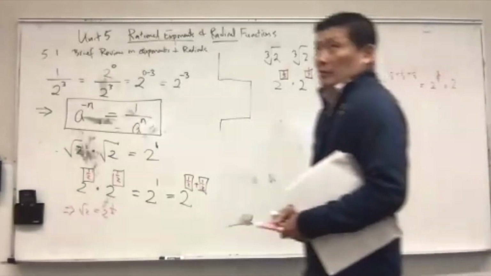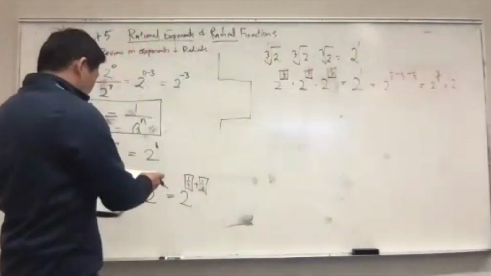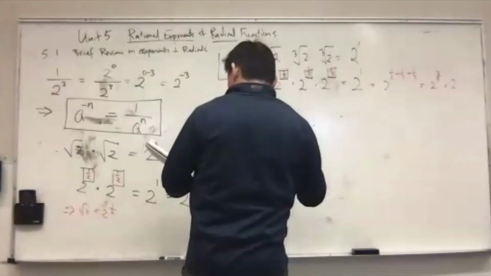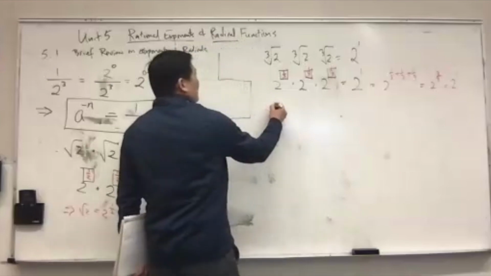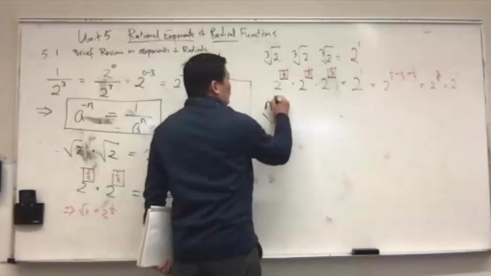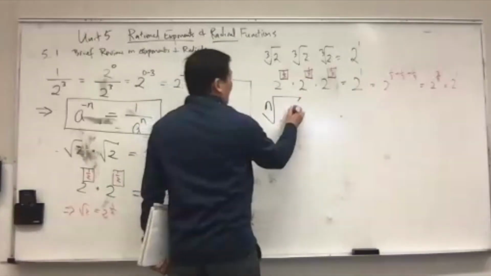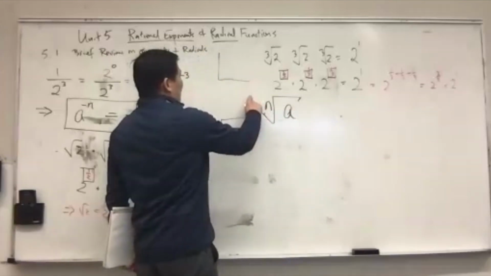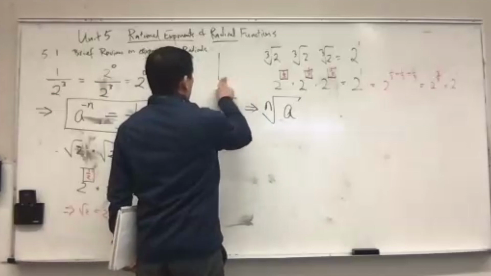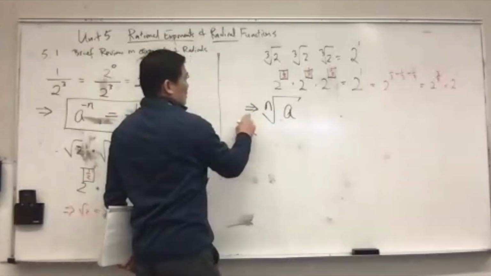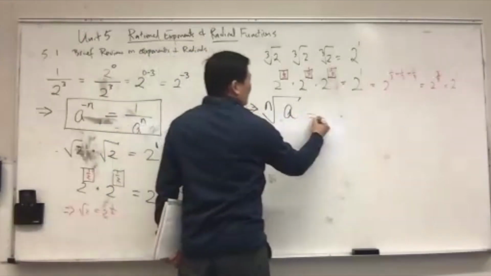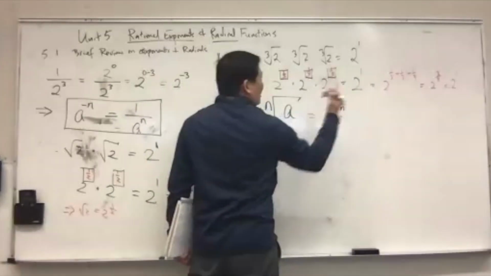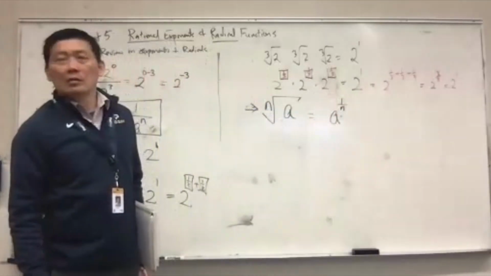Okay, so simple rule here, right? Simple rule here is that if you have nth root of a, this just means you got a to the 1/nth power.